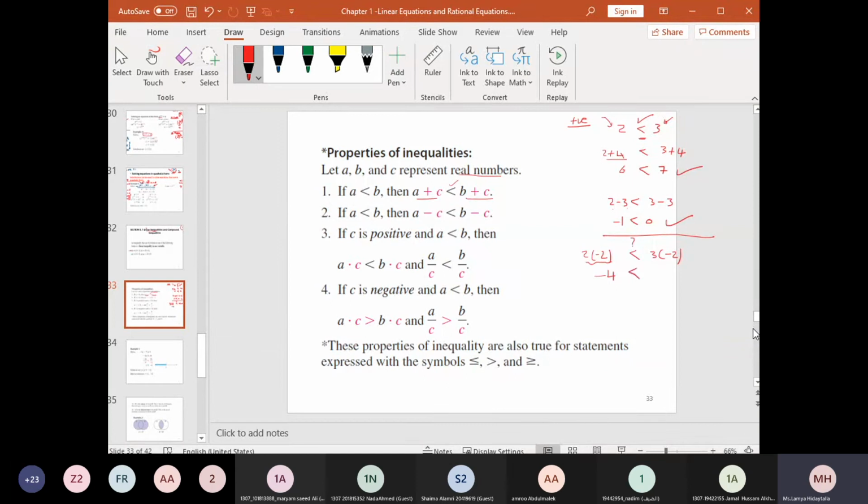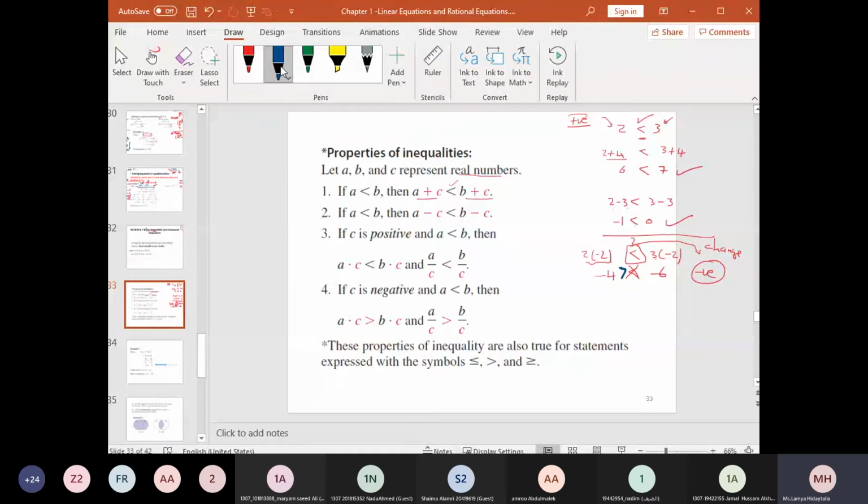Is it less than minus 6? No, that's wrong. When you multiply times a negative number, what you will do, you have to change the inequality sign. It will become what? It will become greater. We change it like that.